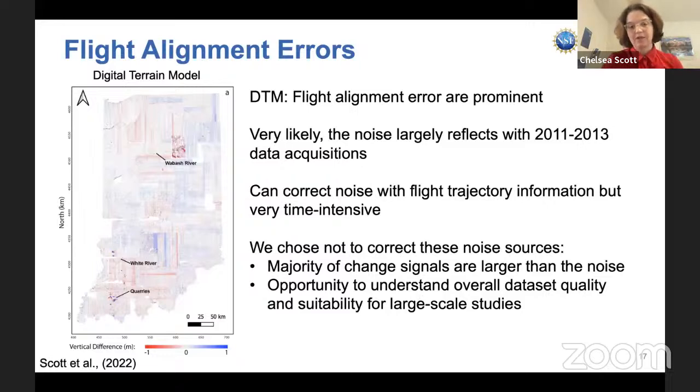One, it's very time intensive, but more importantly, the majority of the change signals that we see throughout the state are larger than the error from these flight alignment errors. And then second, not correcting them provides an opportunity to understand the overall data set quality and the suitability for these large scale studies.